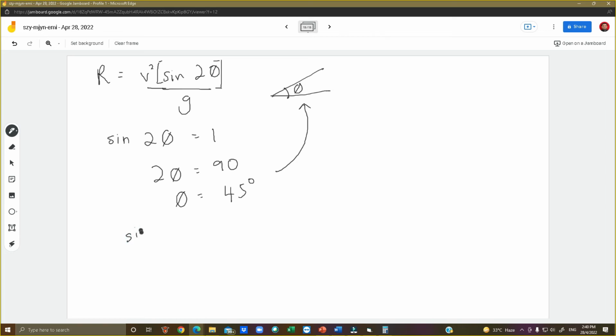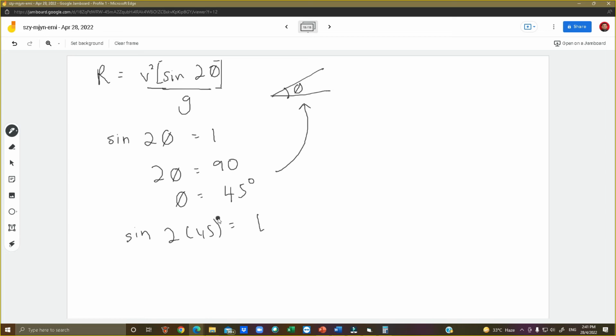Jadi dia akan masuk macam ni lah, as sin 2 times 45 equals to 1. So this is how you prove 45 degree is the best angle if the relative height of that projection is equal to 0 and starts at the same level.